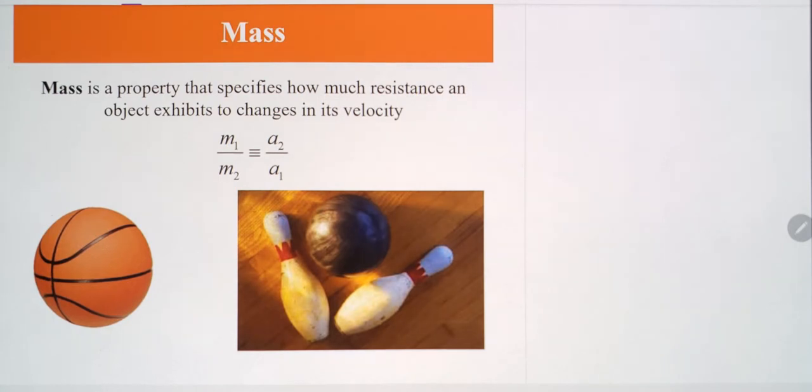In real life, if you want to ask a person what his mass is, you say, what's your weight? They are completely two different quantities. We have the weight, which is a force, and we have the mass, which is in kilograms.